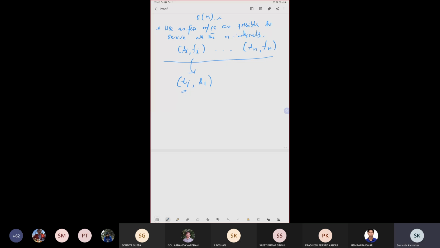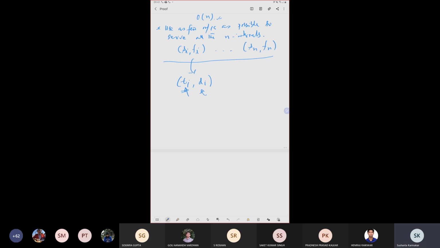But I need this much amount of time. ti is the duration. For this duration of time, I need the machine alone. And the second thing is I must finish by some di. di is the deadline. I must finish within the deadline because otherwise I cannot stay here, as I have some other jobs to do.